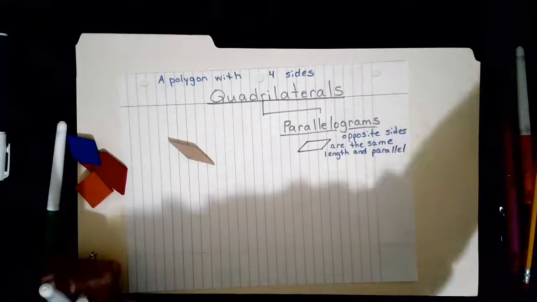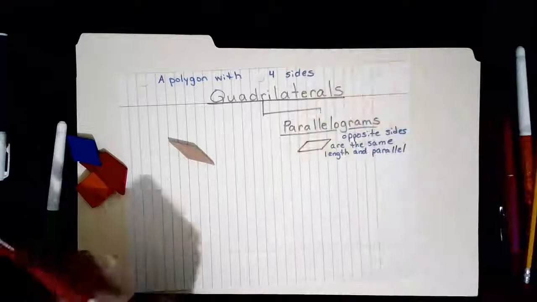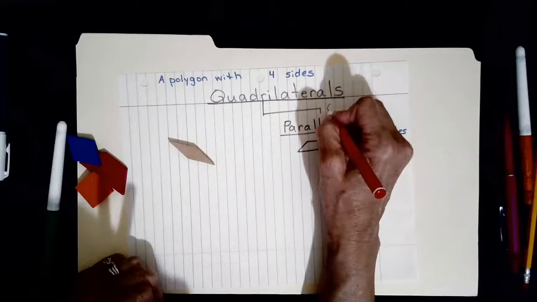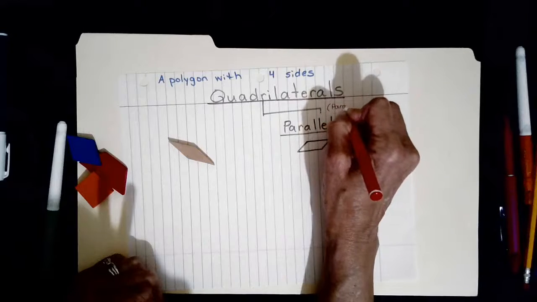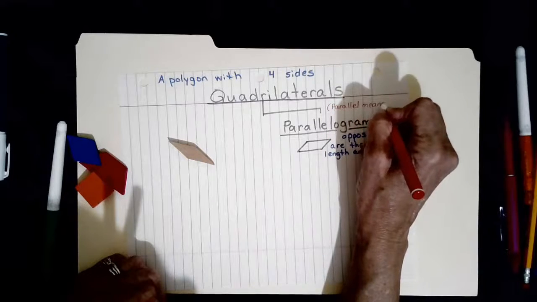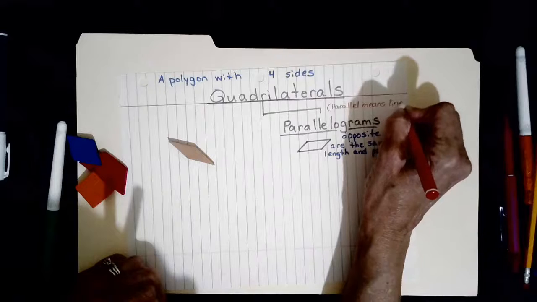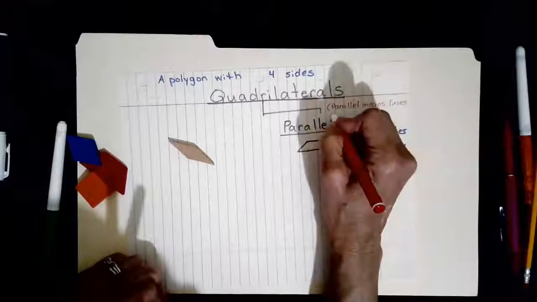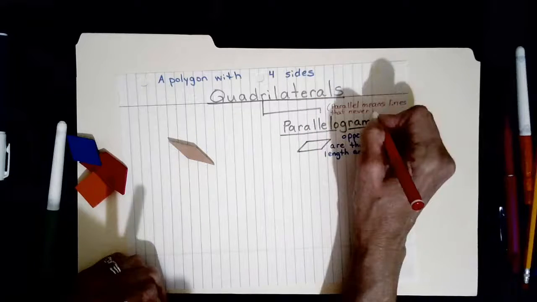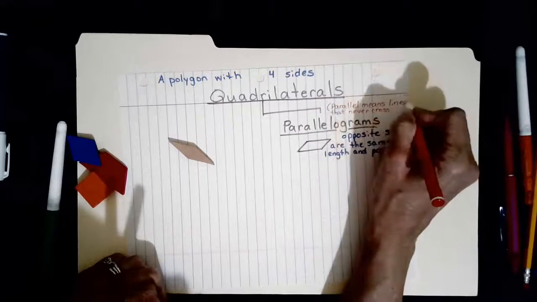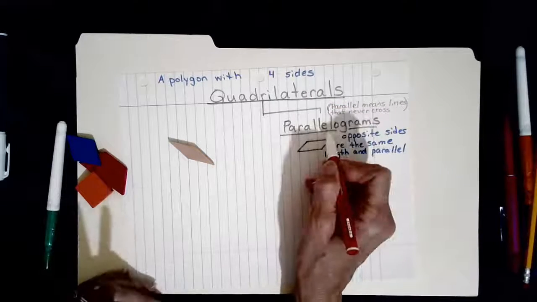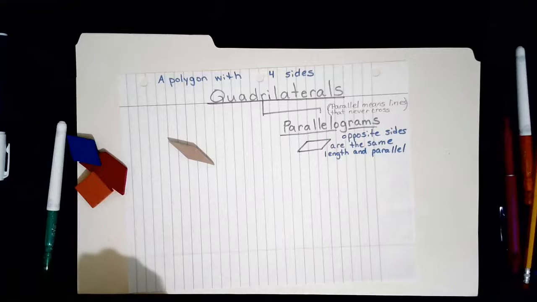Parallel means that they are never going to cross, lines that will never cross. So I'm going to put that up here to remind you that parallel means lines that never cross. All right, and in parallelogram, the root word is parallel, having lines that never cross.